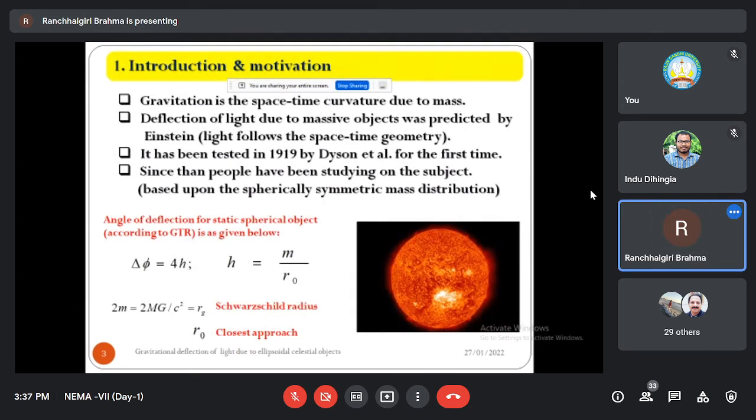We know that the deflection of light due to massive objects was partially predicted by Albert Einstein in his general theory of relativity, and it was first tested in 1919 by Dyson and his workers.